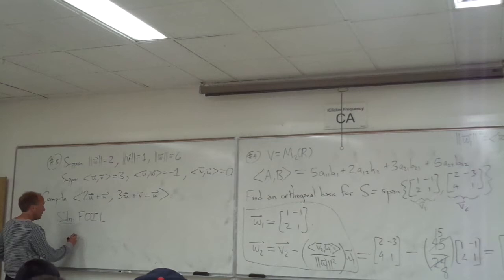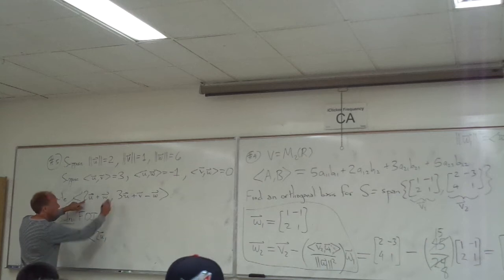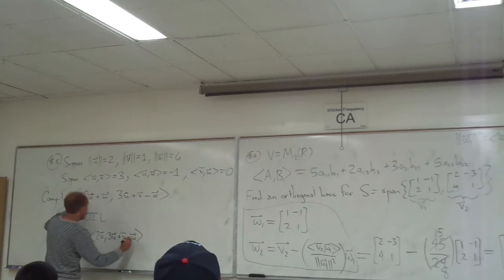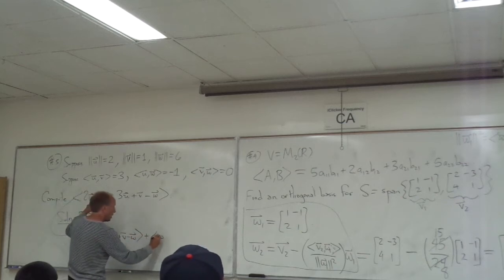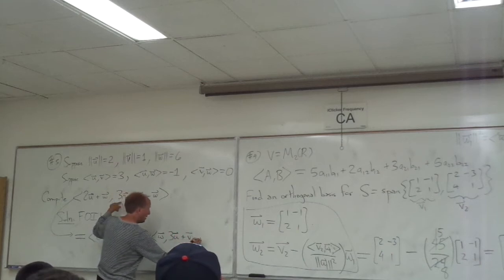So this inner product, I'm just going to jump down here with an equal sign to save writing it again. What I can do is I can say, well, I'm going to take the inner product of 2u with 3u plus v minus w and add it to the inner product of w with 3u plus v minus w.